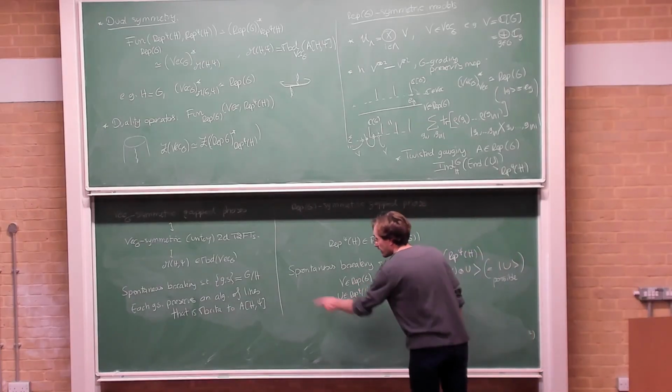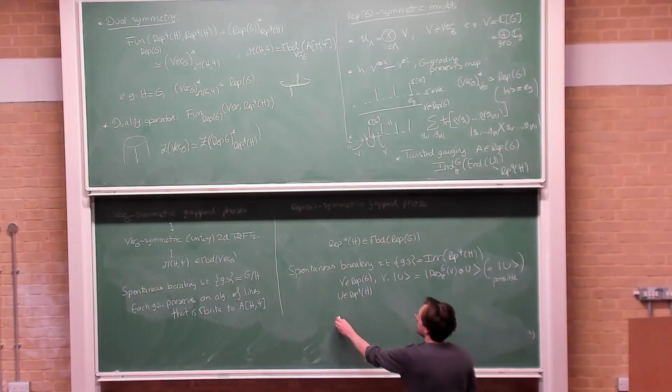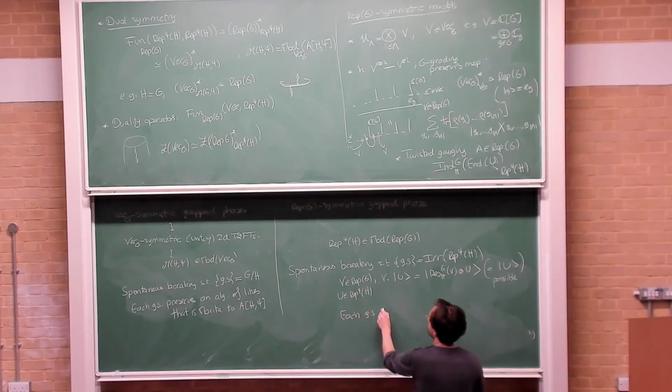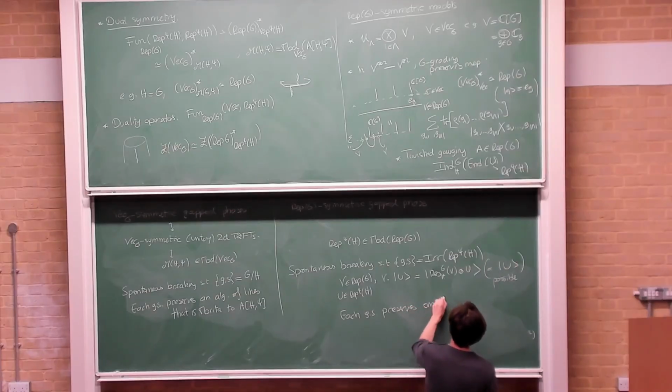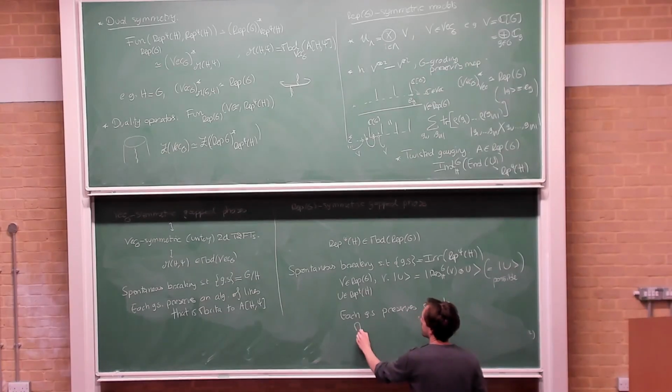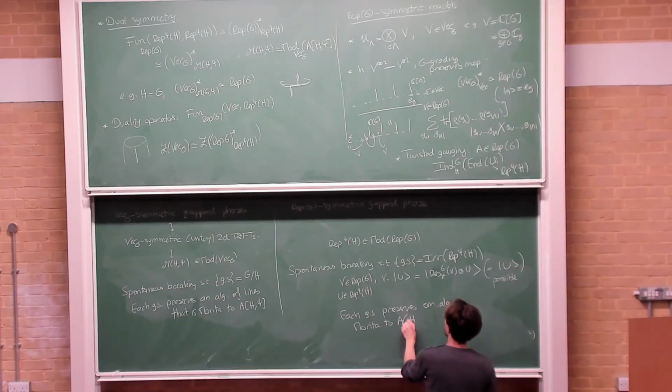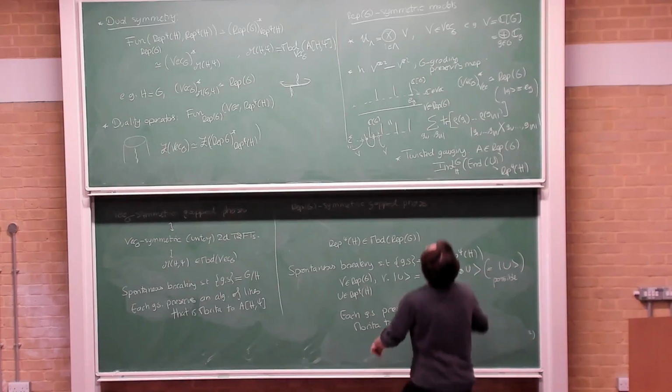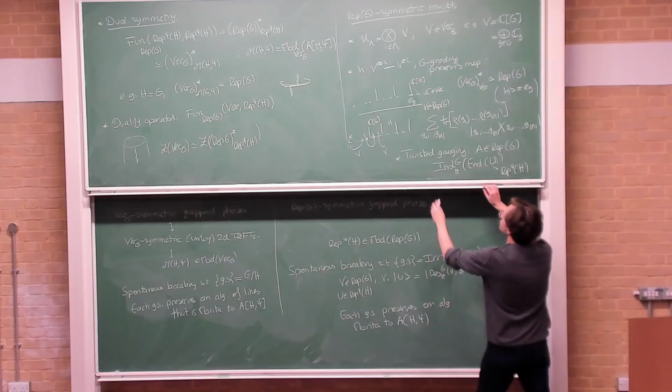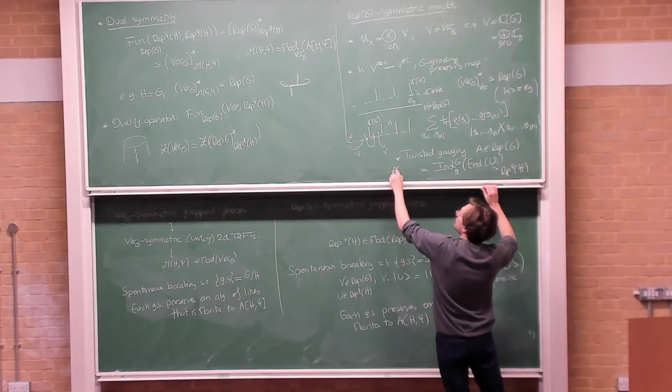But what you can say, exactly the analog of this one, is that each ground state preserves an algebra that is more eta to this one. That's the notation I used. Well, I didn't use it, but I define it like this.